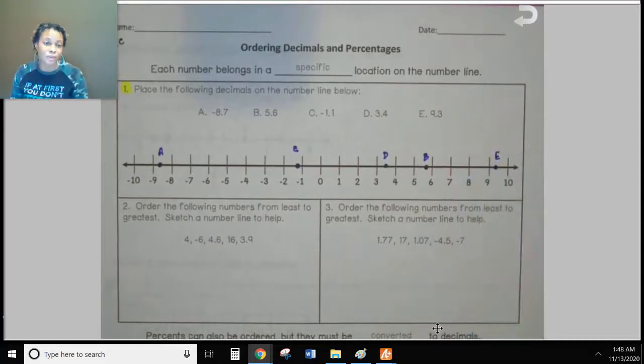So this is how you can locate points and plot them on a number line. We're going to do a few more examples. I'm going to jump down to conversions and then jump back up to do some other ordering, okay?